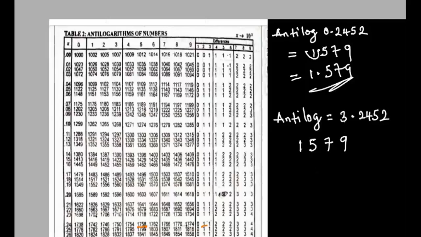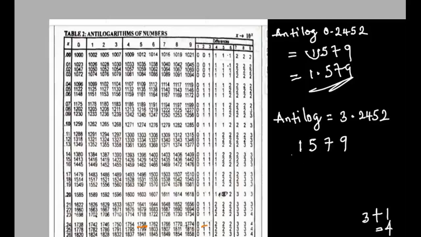But you consider the whole number now. In logarithm we subtract 1. But in this case for anti-log, whatever we have in our whole number, we add 1 to it. For this question, our whole number is 3. So if I do 3 plus 1, I will have 4.